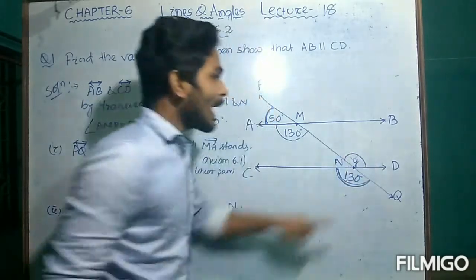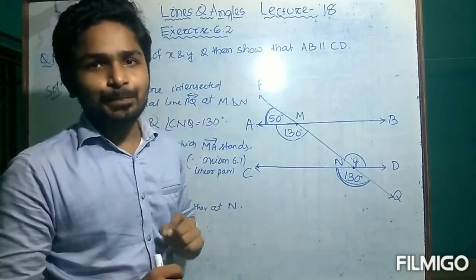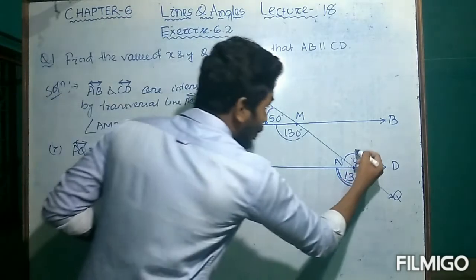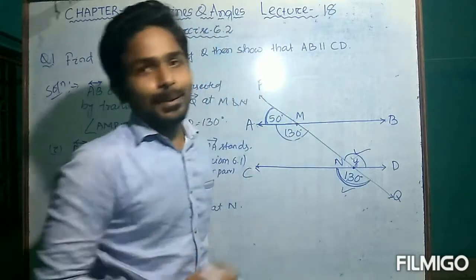Out of the 4 angles, the opposite angles are known as vertically opposite angles. And we know the vertically opposite angles are equal.